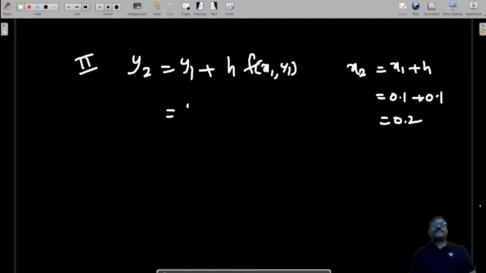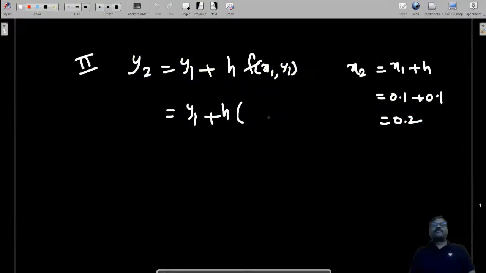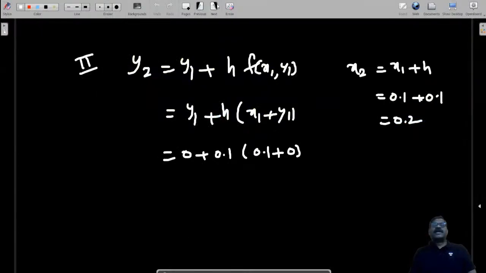Now y1 plus h of function of x1 y1 is x1 plus y1. y1 is 0, h is 0.1, x1 is 0.1, y1 is 0. Now 0.1 into 0.1, 0.01.